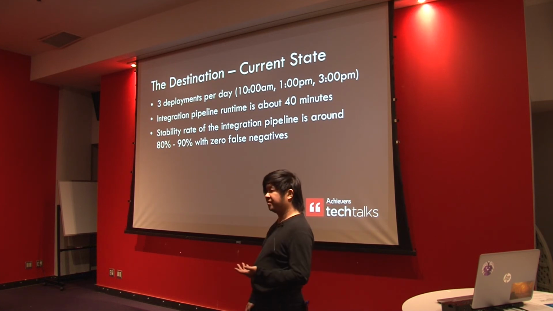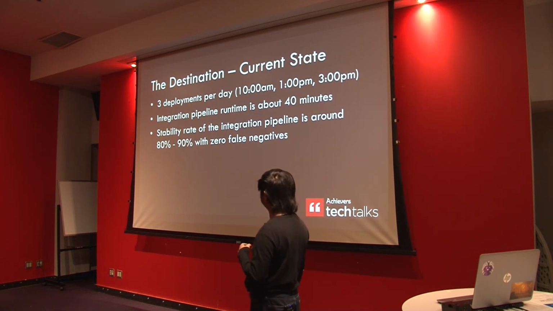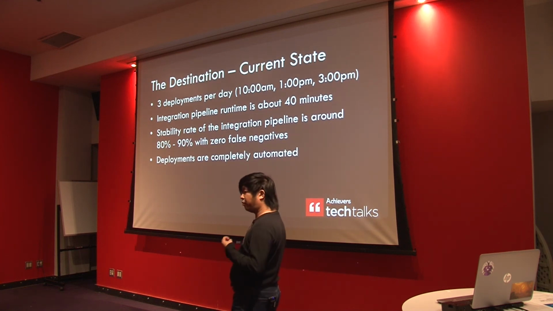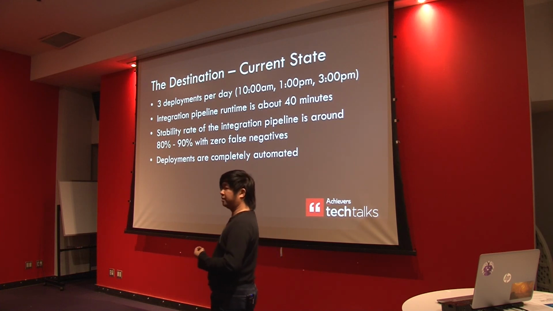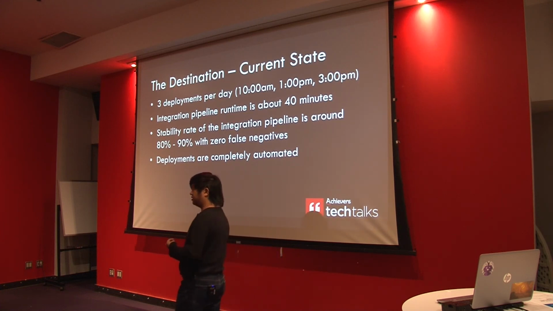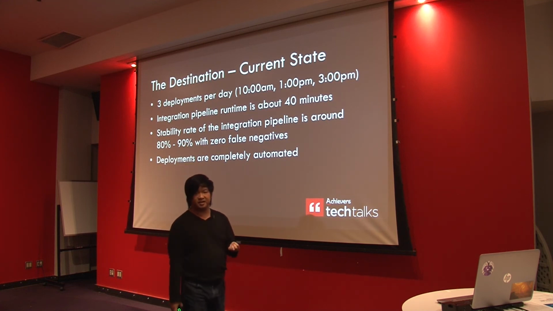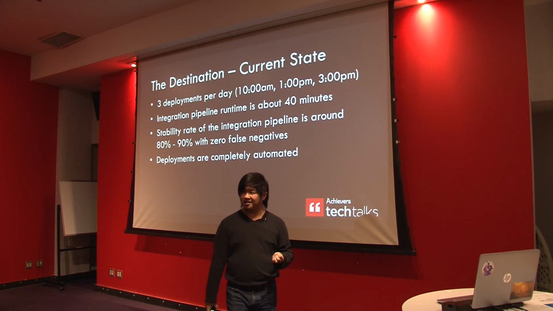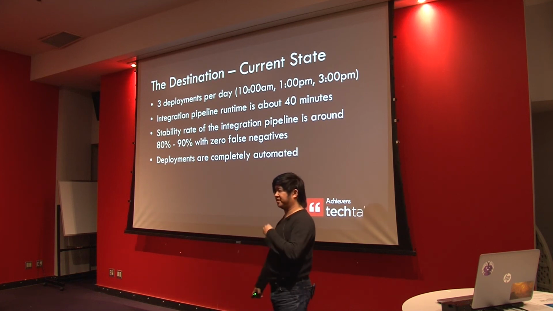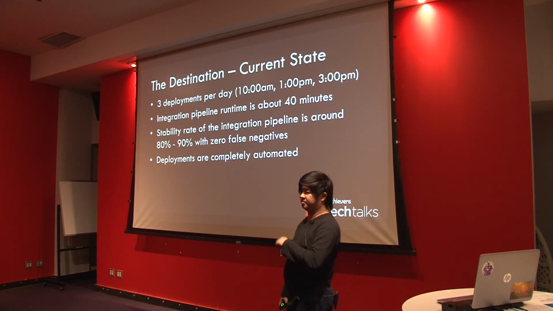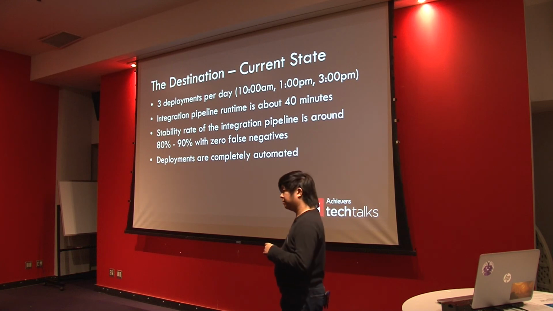But through a number of stability measures that we have taken, we're now up to this number. And lastly, a key point about all this is that our deployments are completely automated. The only thing that gets done during a deployment is a notification gets sent out to our company channel saying a deployment is beginning. Similarly, when the deployment is done, it automatically posts to the channel that it's complete as well.